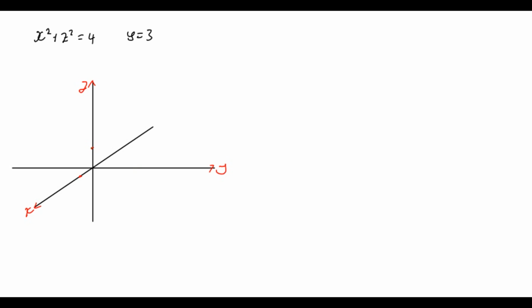So it's going to go straight in this direction until it reaches where y is equal to 3. The same goes in this direction and reaches where y is equal to 3. Then it comes like that and goes down here. So this is what we have in the first octant.